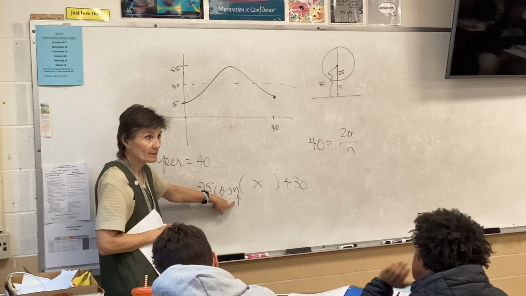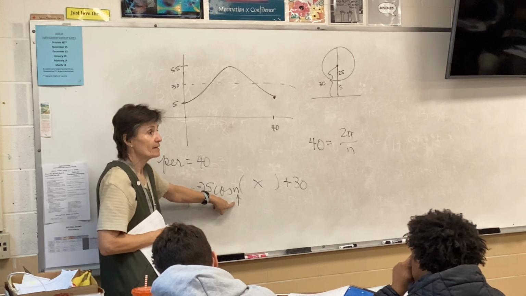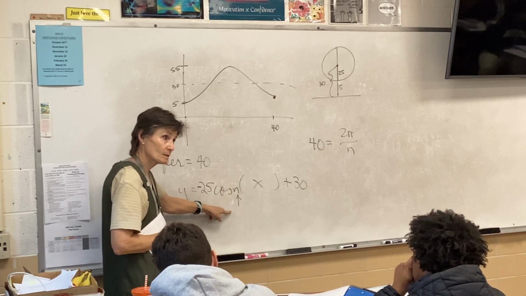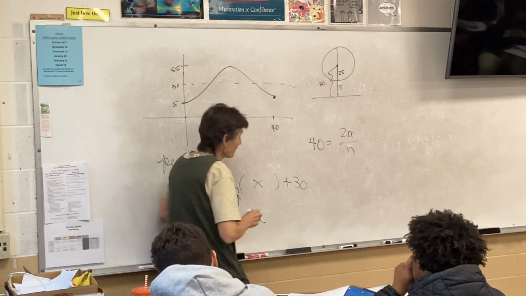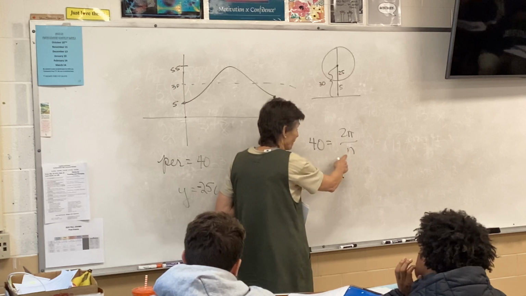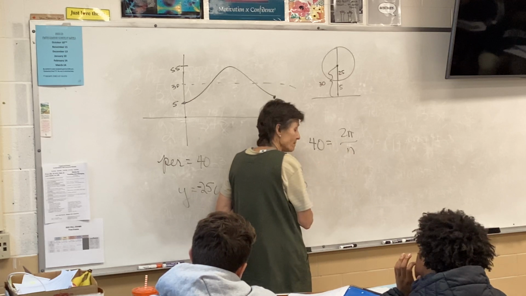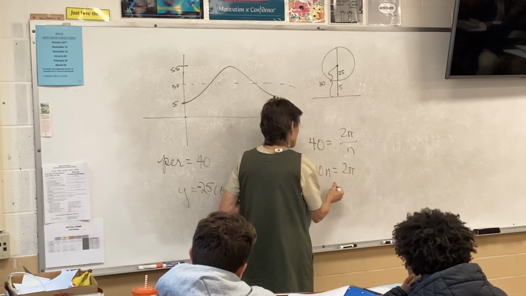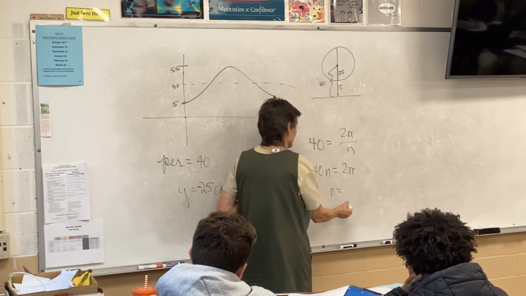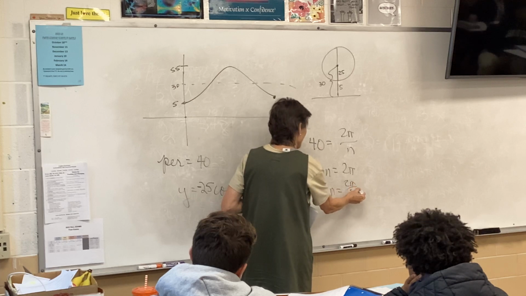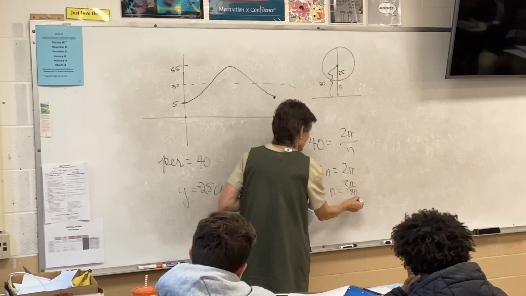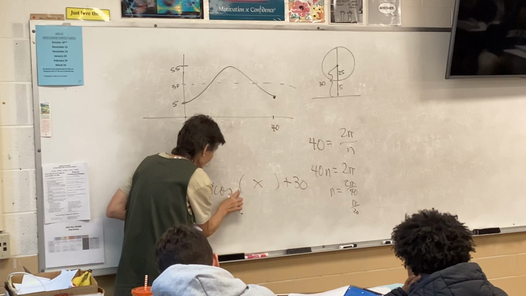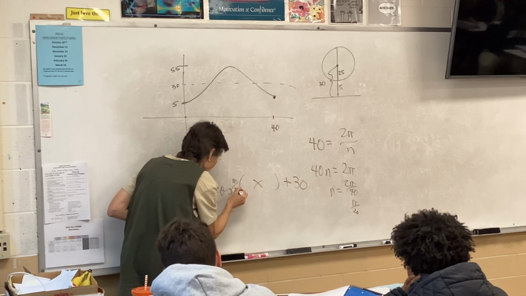That's how you find period. It's 2 pi for a cosine. It's 2 pi divided by this number. So what would that number have to be? If 2 pi divided by it is 40, that number, no, watch your arithmetic, 2 pi over 40, which is pi over 20. So this number right here is pi over 20.